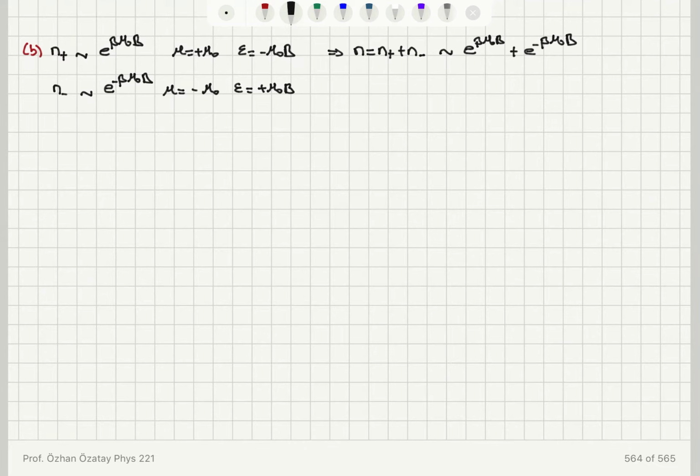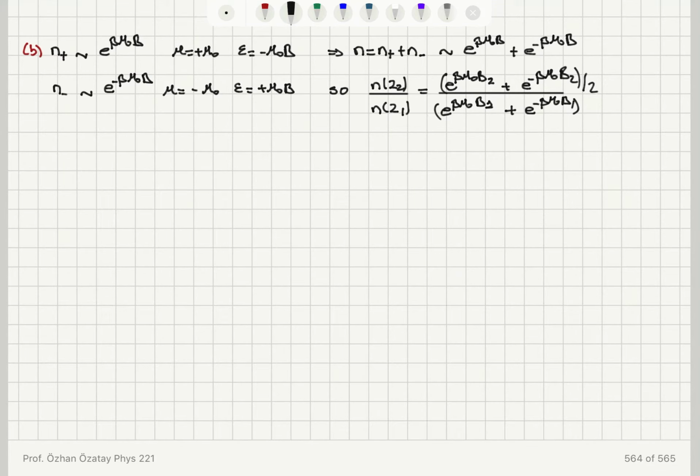So if I want to calculate the ratio of the total magnetic moments at position z2 to z1, this will be the ratio of e to the beta μ0 B2 plus e to the minus beta μ0 B2, divided by e to the beta μ0 B1 plus e to the minus beta μ0 B1. Now e to the x plus e to the minus x over 2 is the hyperbolic cosine.